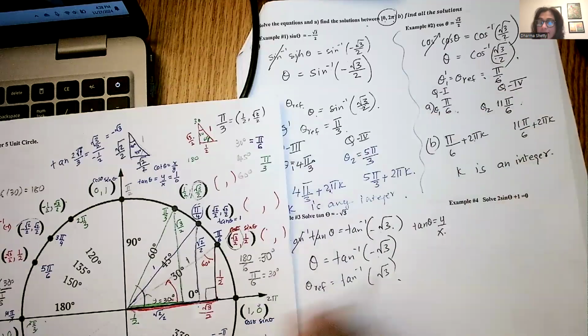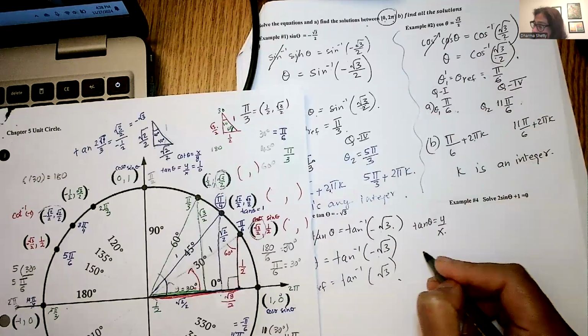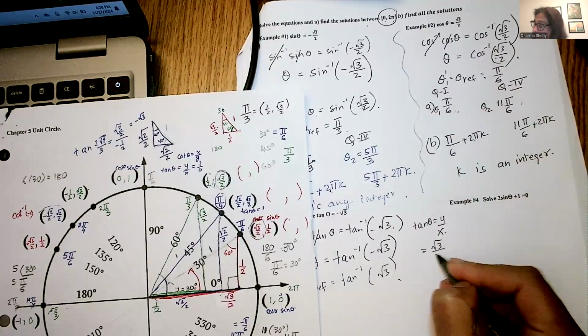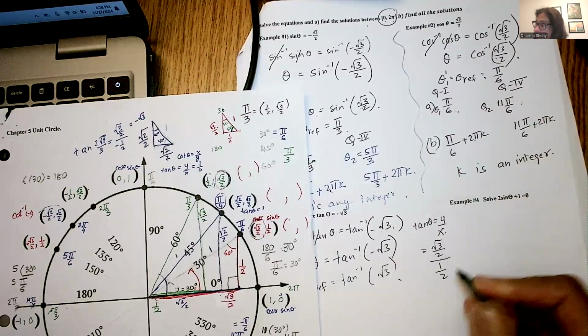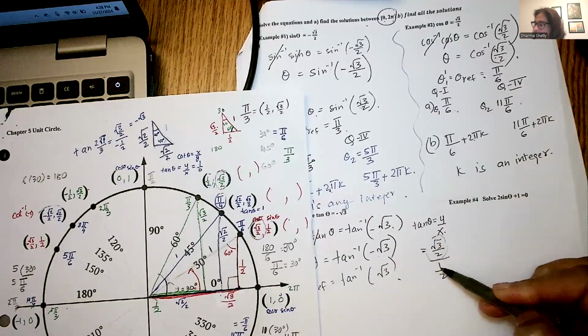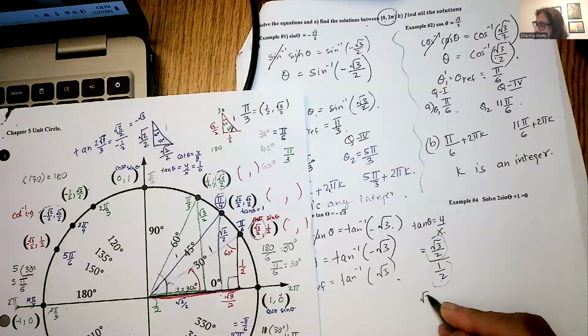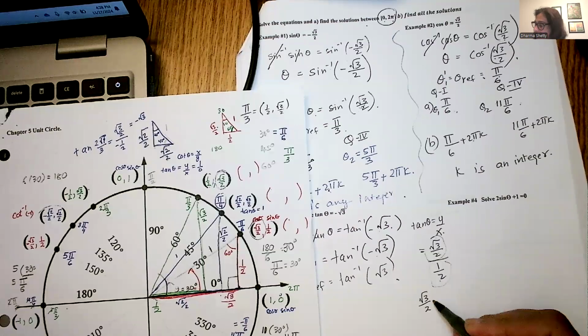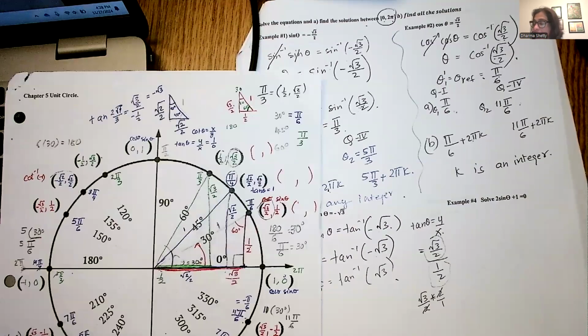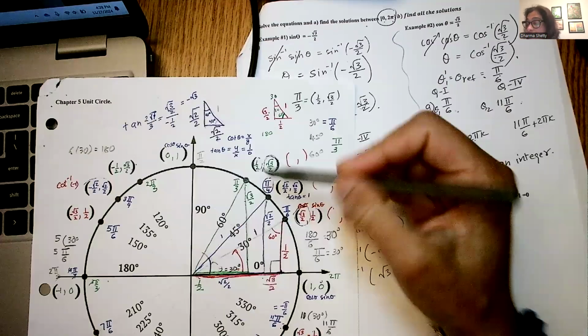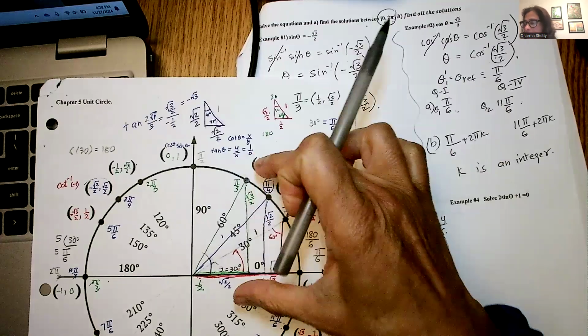If I do y over x, I get square root of 3 over 2 over 1 over 2. Keeping this constant, take the reciprocal, the 2 divides off. So square root of 3 over 2, keep the numerator as it is, take the reciprocal, it is 2 over 1, the 2 cancels off. Okay, so this is where it is positive.